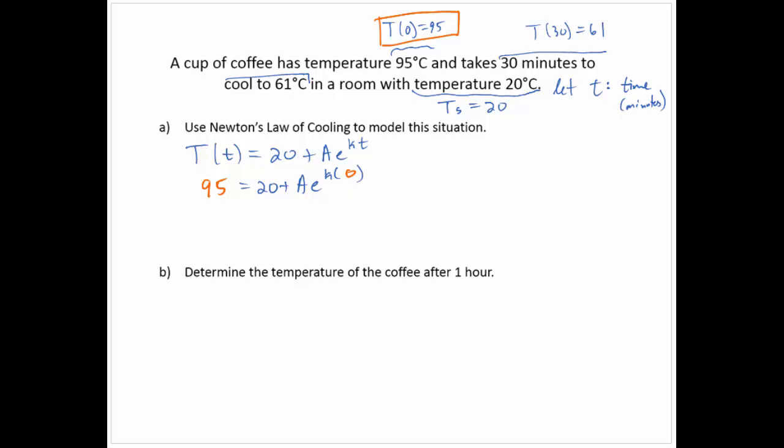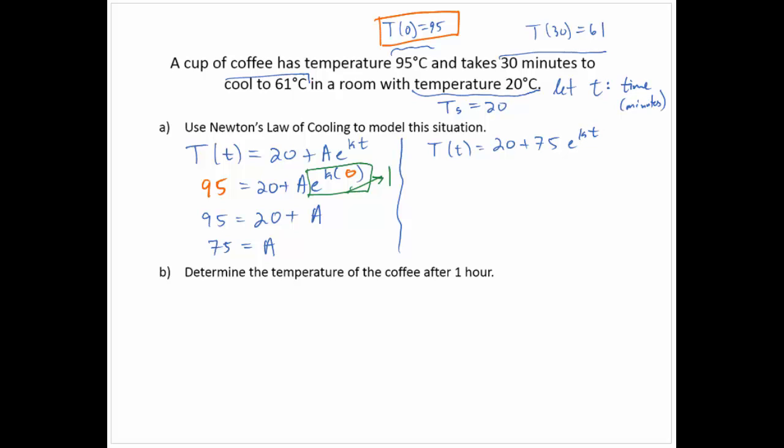Well, notice that e to the k times 0, that's e to the 0, and that becomes 1. And so then 95 is equal to 20 plus A, which implies that A is 75. Alright, so now I can revise my model a little bit. T of t is 20 plus 75 e to the kt.